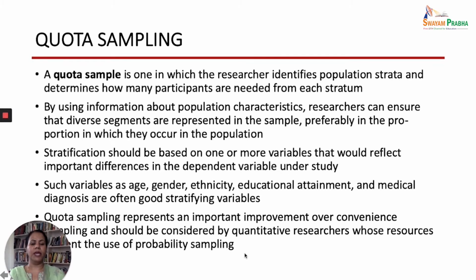It will help in decreasing the weakness, because in quota sampling you are trying to get the subjects from each stratum. So here the over representation or under representation of different strata can be decreased.